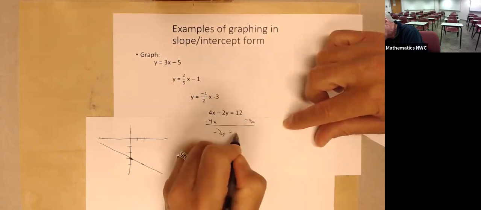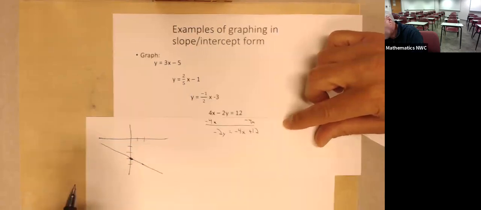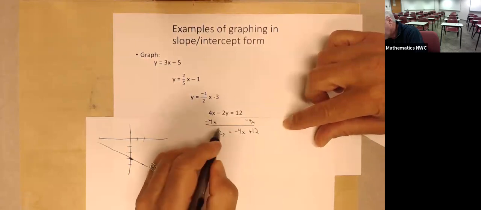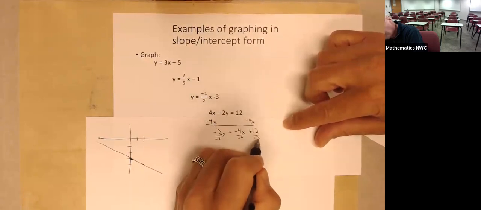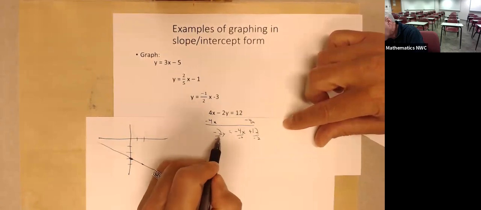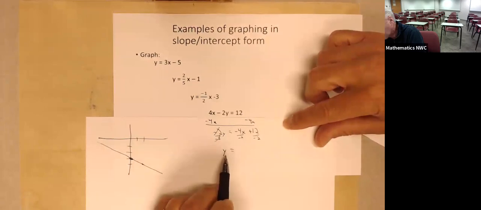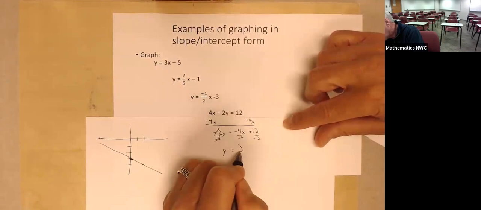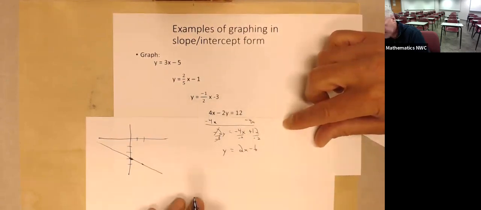We usually put the x term first, then the number at the end. Next, I'm going to divide by a -2. The reason I chose that is these -2's would cancel, giving me the y. -4 over a -2 is a +2. 12 divided by a -2 is a -6.